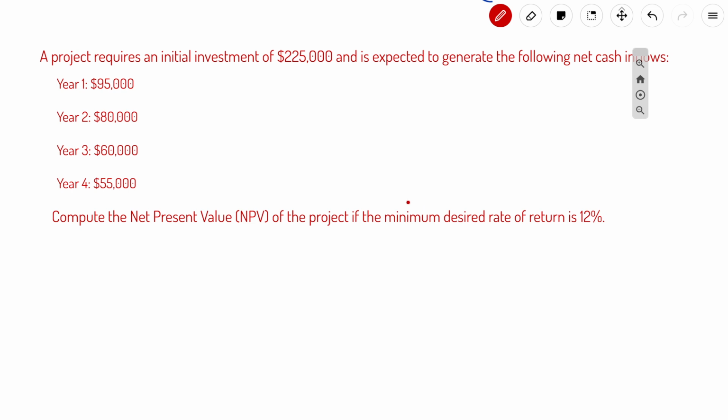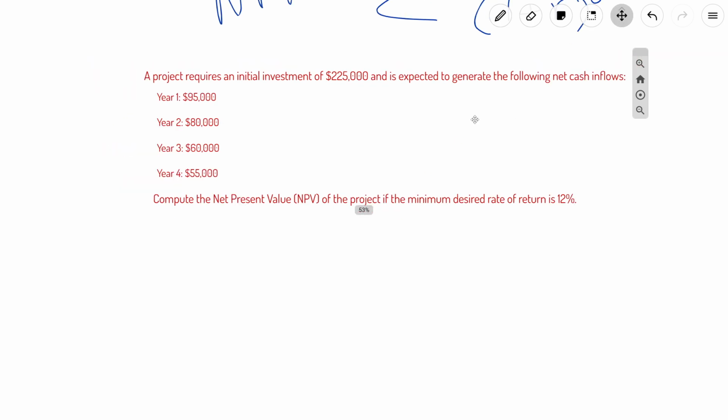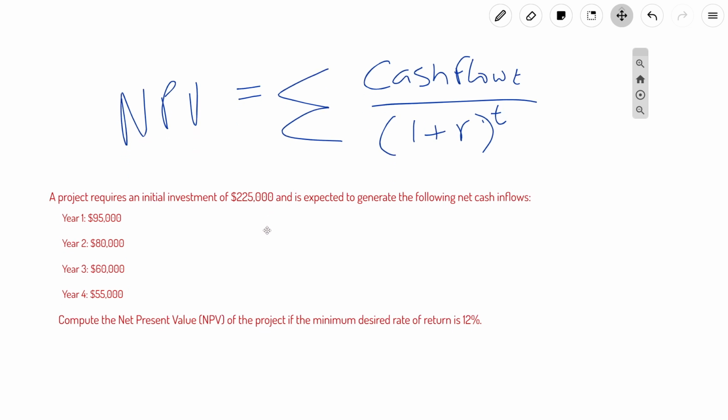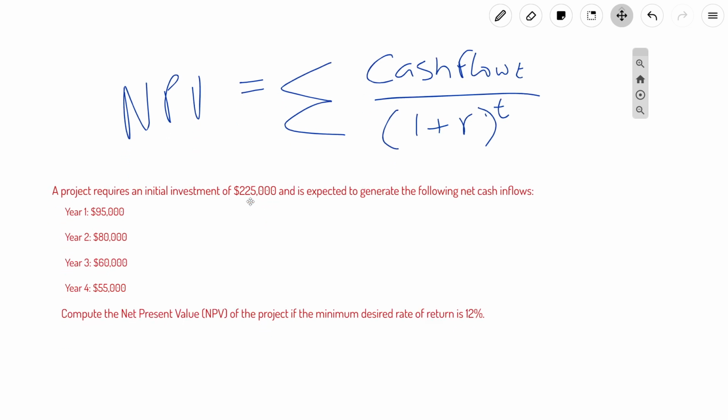So we are going to use a formula. This one. Net present value equals the summation of the cash flow over the time periods and factoring in the discount rate. This means we need to understand the investment of $225,000 is a negative cash flow. That money is going out, not coming in. So that's going to be looked at as negative to begin with.